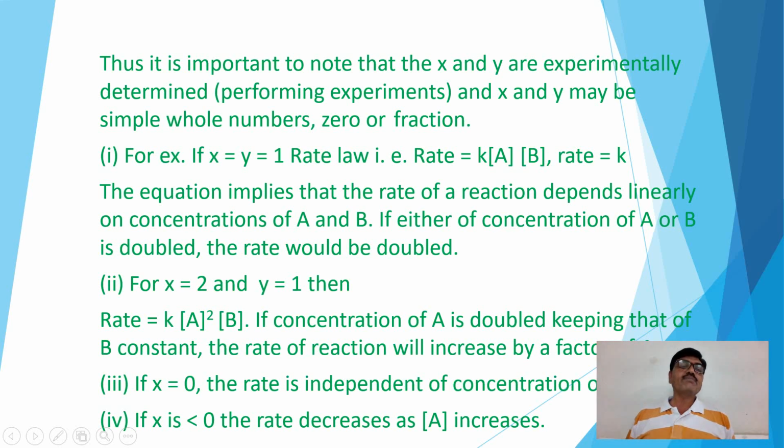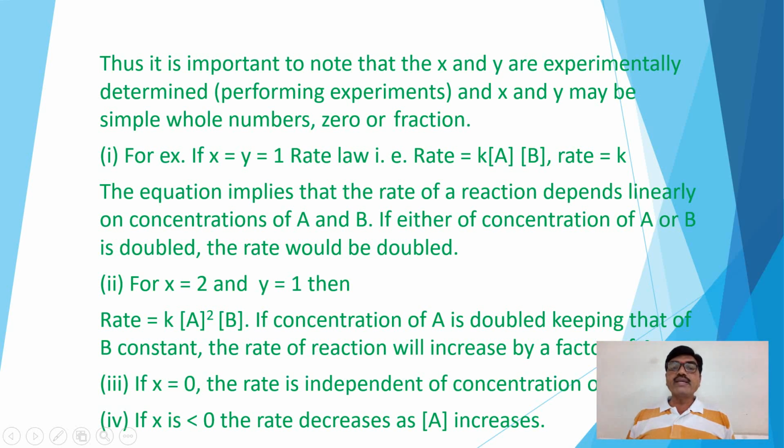Let us see the second example. For example, x is equal to 2 and y is equal to 1, then the rate is written like this. See here, rate is equal to K, molar concentration of A raised to power 2, into molar concentration of B, as the value of x is 2.